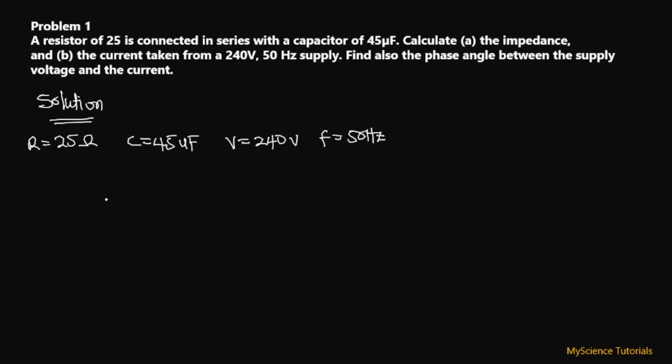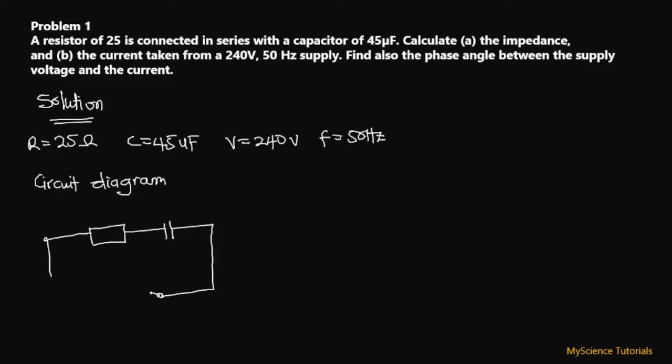Right, this is beautiful. Let me try and draw the circuit diagram for this particular question so that you can understand what is going on. The circuit diagram is going to look like this. I have my resistor over here, and then I have my capacitor connected to it in series, and then I have my AC source over here. My current is over here, which I don't know.